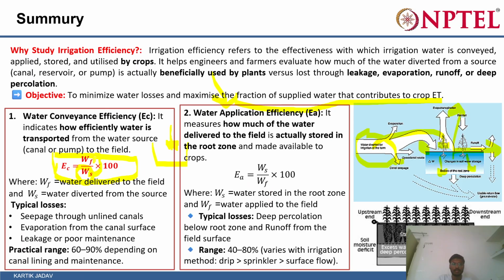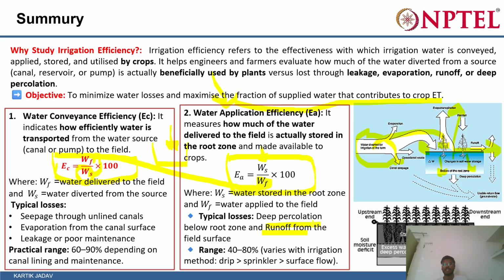This ratio is known as application efficiency. Typically, during application, there is loss through runoff as well as deep percolation, and also loss through evaporation. So it ranges between 40 to 60%.